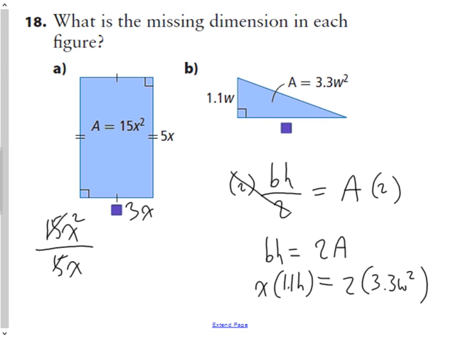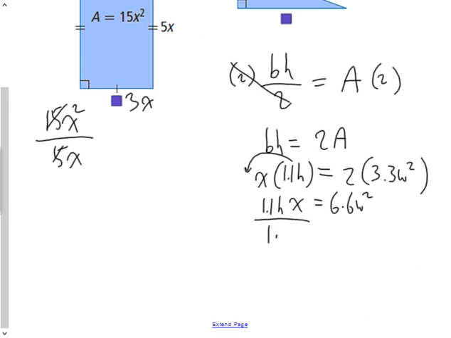If this makes sense to everybody, we good so far? All right. The base that we don't know, multiplied by the height, which we do know, is going to equal 2 areas, like we just figured out. Since we're multiplying an x variable by 1.1h, I'm going to think of it as a coefficient. 1.1h. I think I made this more complicated than I need to, but that's okay. Equals 6.6w squared. Divide both sides by 1.1h.